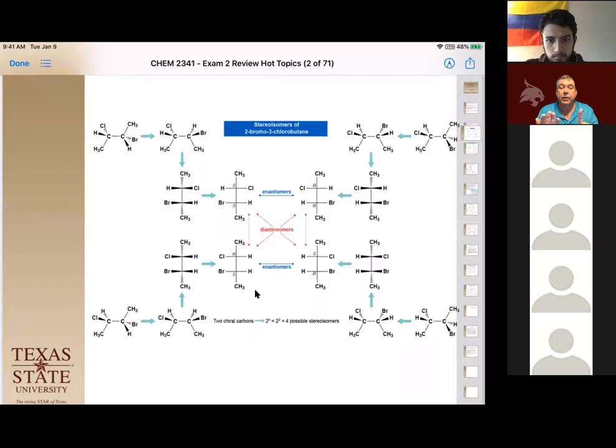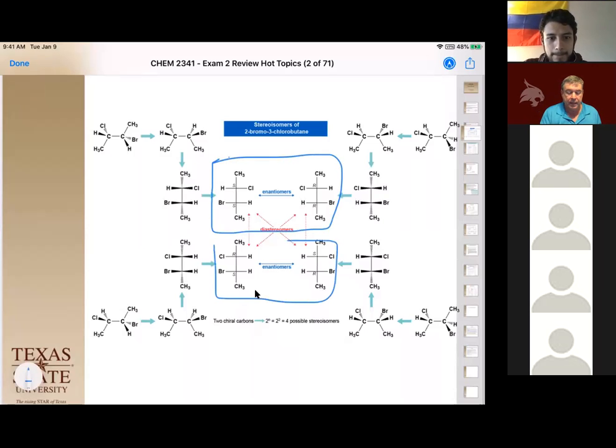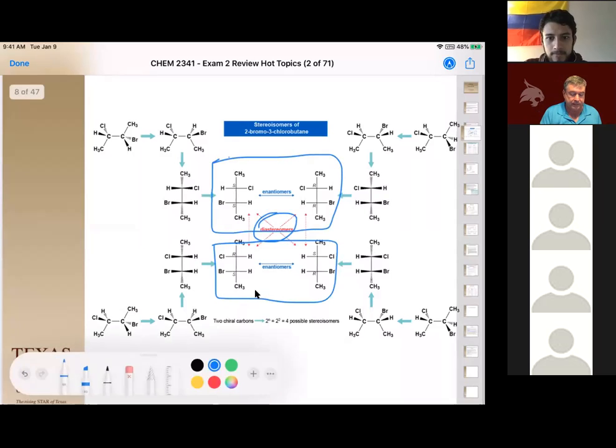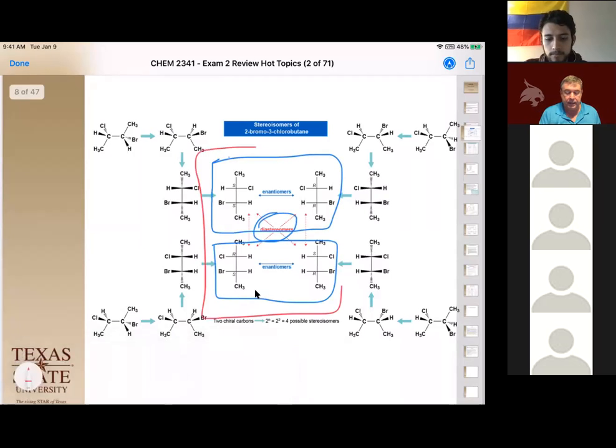And then by switching one of the bonds, you get to the diastereomers. So in this right here, knowing the difference between your pair of enantiomers and then your set of diastereomers is important, and being able to convert from a drawn structure to this to help you identify each of those isomers. Okay.